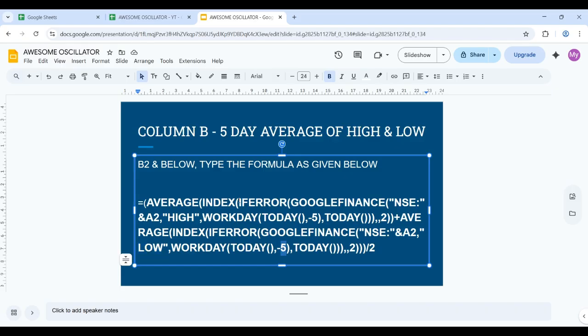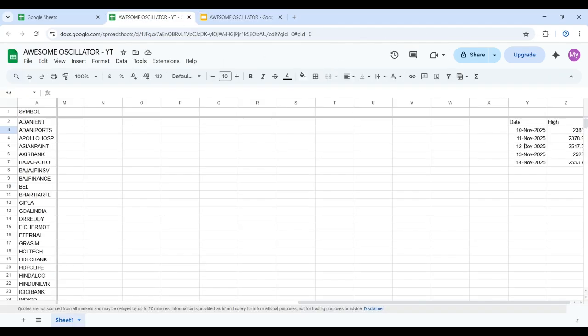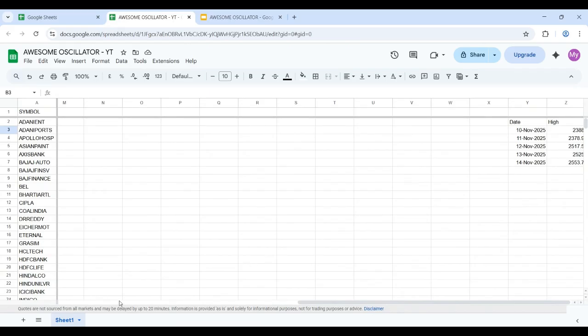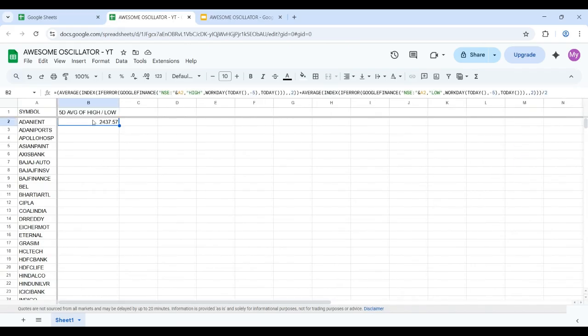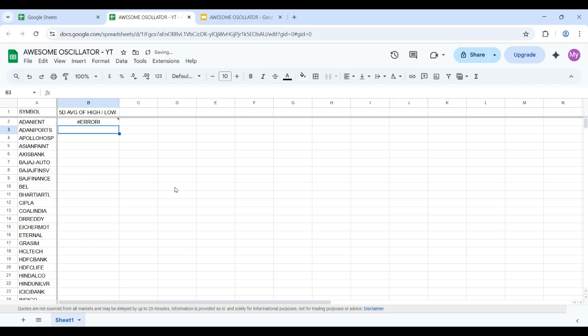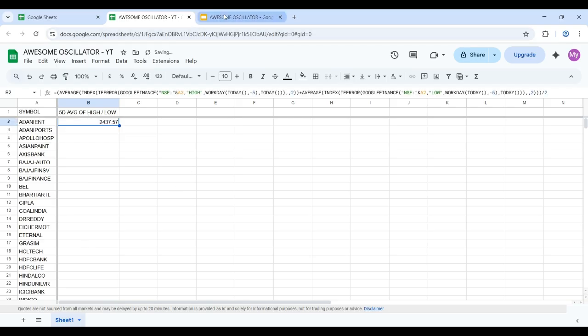Okay, if -5 is not returning 5 days, you need to change to -6 or -7 in both for high and low. Here you need to change, and here also you need to change, in the formula, -5 to -6 or -7. Okay, so this is for 5 days.